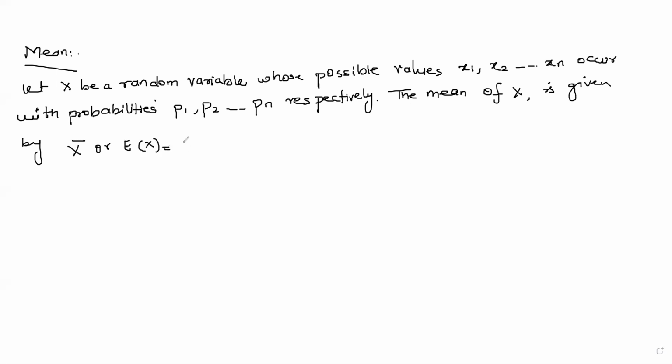This is equal to summation pi xi, where i is from 1 to n. That means you need to multiply the random variable with its probability, and then sum it. We will find the mean by this formula. I hope this is clear to everyone. Please note down this formula, confirm me, then I will give you a question on this.